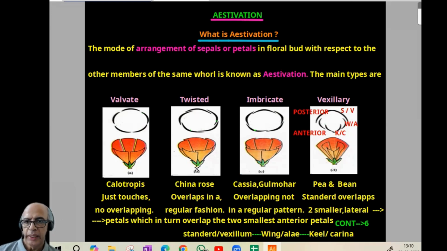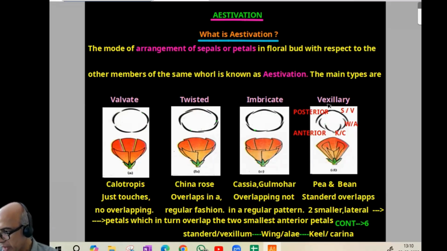I think the idea is clear. Now, the most important item for exam purpose, vexillary. Example is pea and bean family, papilionaceae. Here you can find a big one that is called standard, which overlaps 2 lateral petals, which in turn overlap 2 smallest ones. See here, this one.